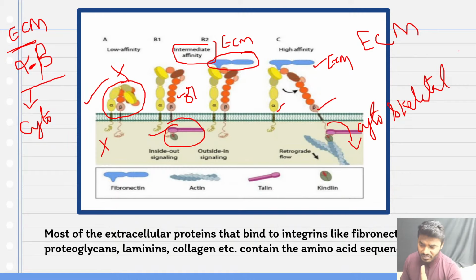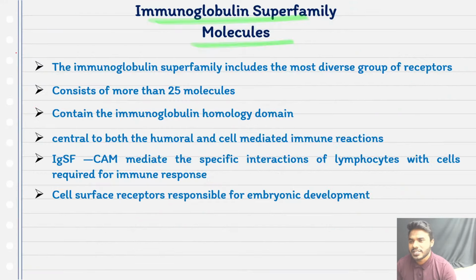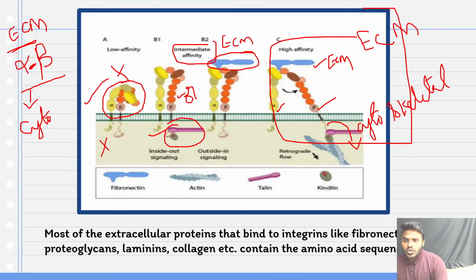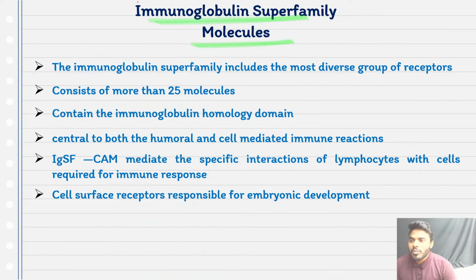So one point: it depends on the affinity between the two, integrin alpha and beta. It can associate with both ECM as well as the cytoskeleton. Do not get confused with this. Okay, so those are all the three types of CAM molecules.